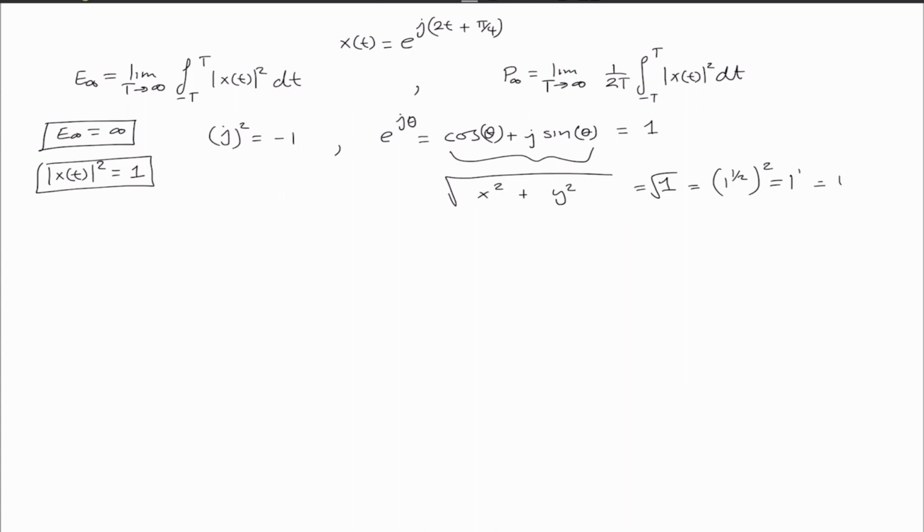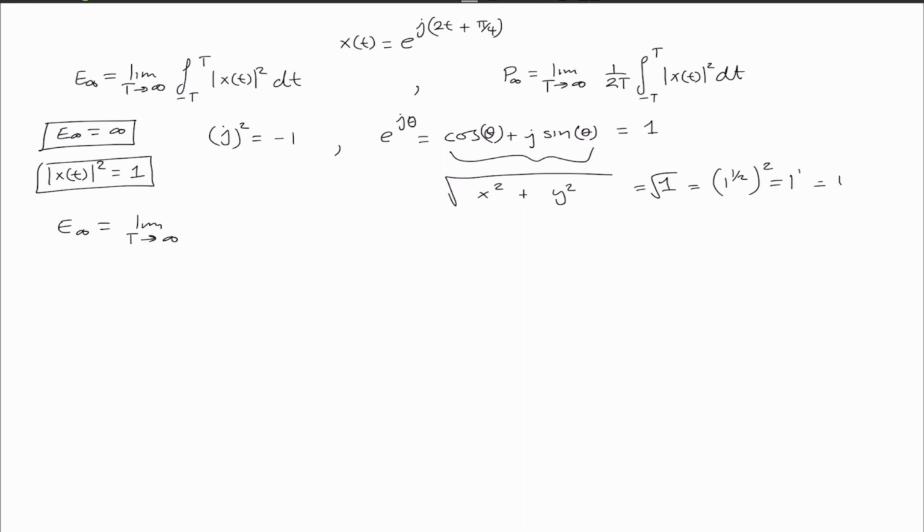Now we can approach the problem. We know that the energy is going to be infinite because we're integrating over an infinite time interval. So we can say the energy for the signal is the limit as t approaches infinity of the integral from negative infinity to positive infinity, and in that integration we have 1.